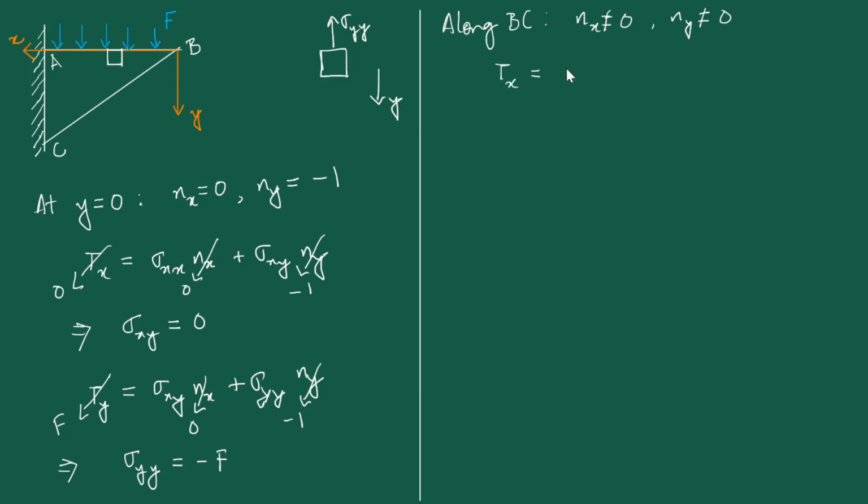The important thing to note here is that this general equation, which we have been using time and again in the previous example as well as in this example, the Tx as sigma xx nx plus sigma xy ny, remains undisturbed. Furthermore, you note that this Tx is actually 0 here. Suppose you think of a traction vector at this point, then this traction vector will have one y component and one x component.